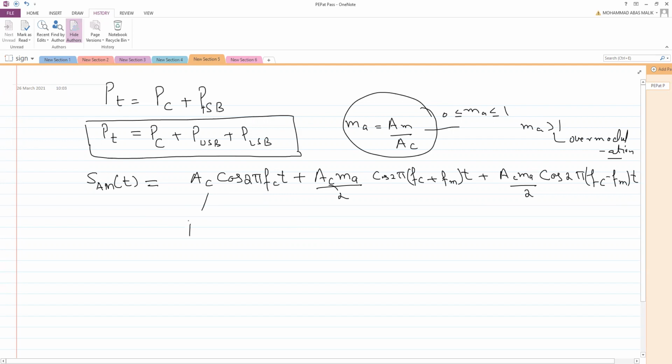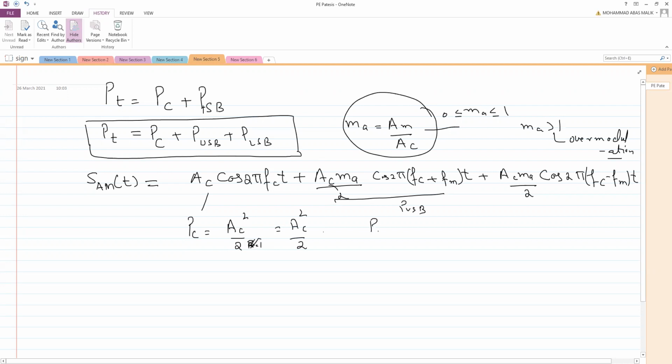This power value is carrier power and it's equal to AC square by 2, because AC by root 2 will be its RMS value. RMS value square will be power, and it's voltage squared divided by R. R value can be taken as 1. So instead of R, this can be 1. So you can say this is AC square by 2. Similarly, for this component, this is your upper sideband.